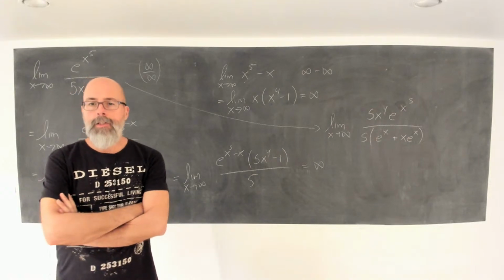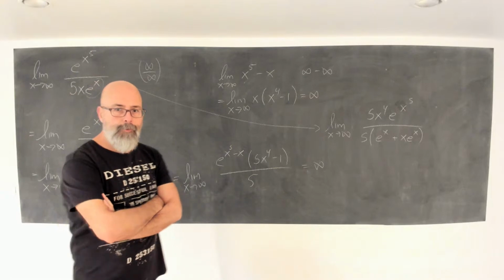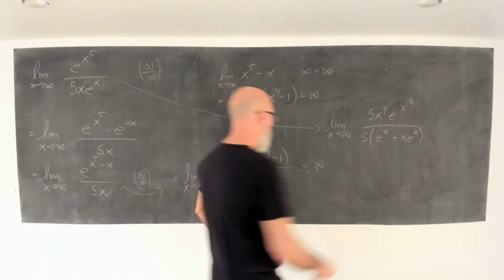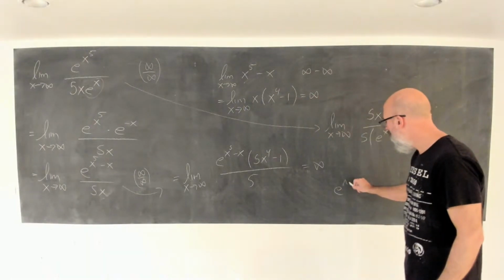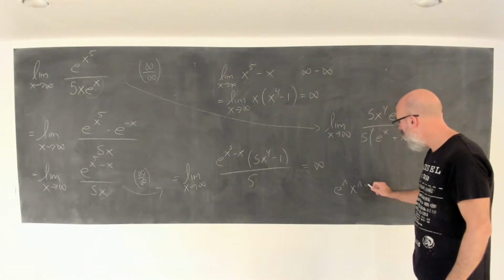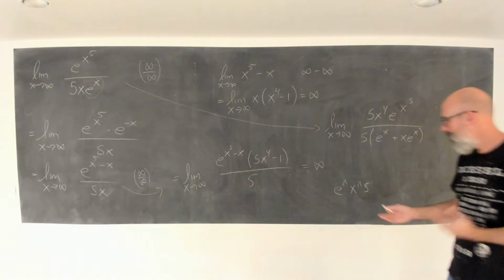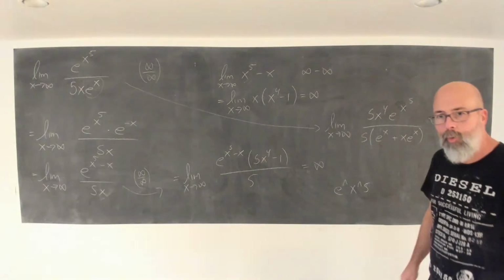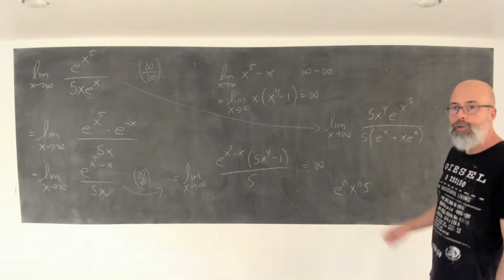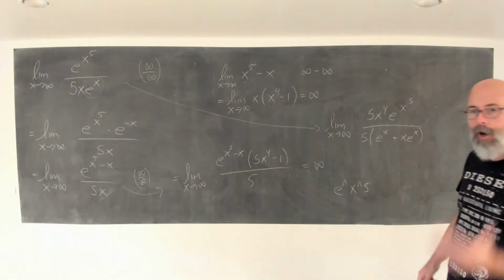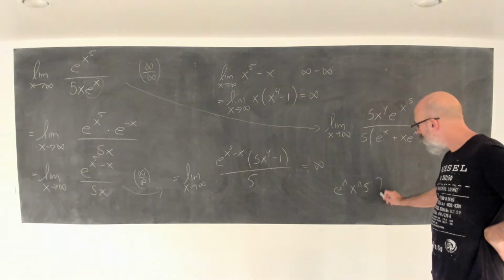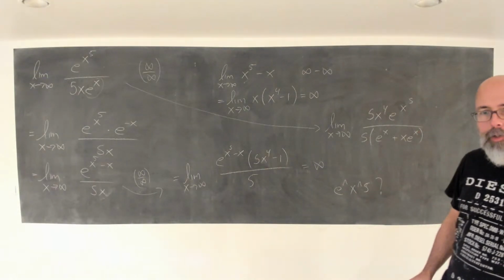Well, e to the x to the 5, as you've written it in the first thing, is questionable, right? It's not really clear what that means, so we probably should have brackets. That's slightly ambiguous.